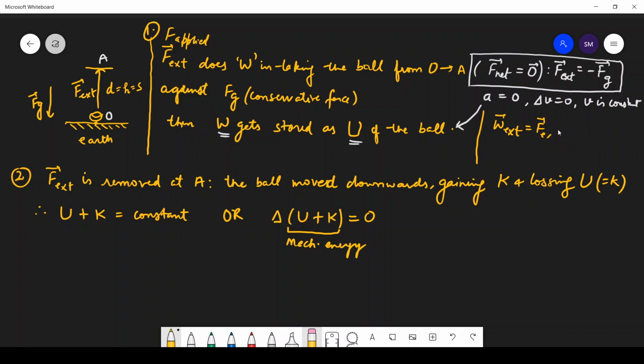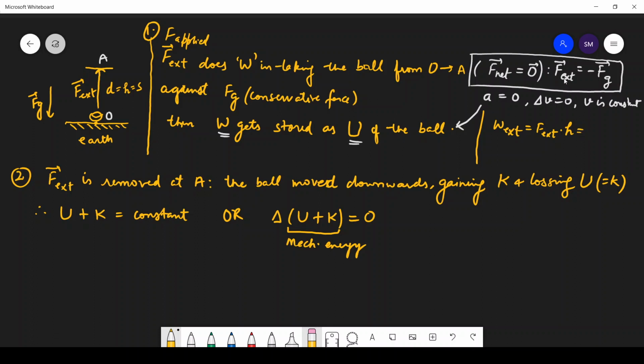As this external force and height are in the same direction, we can simply multiply their magnitude, because cos 0 is 1, right? Both are in same direction. F external and displacement, both are in same direction. So dot product, cos 0, 1.